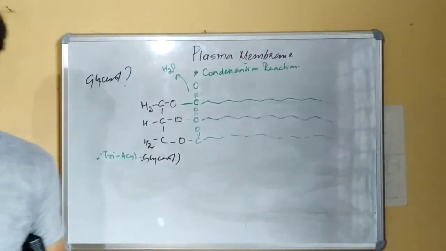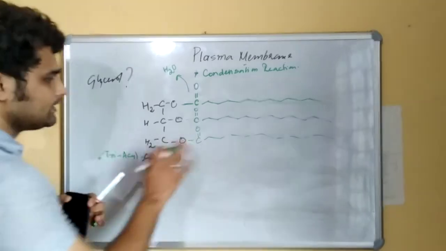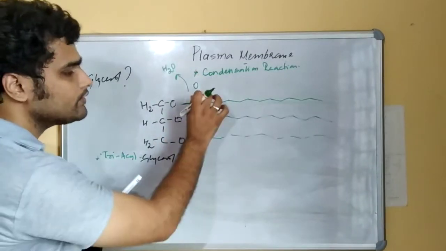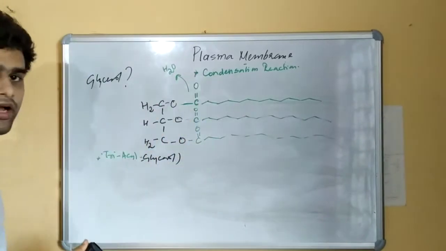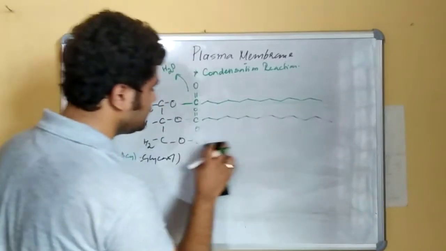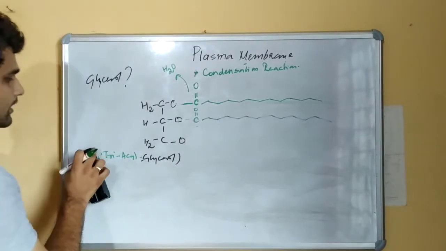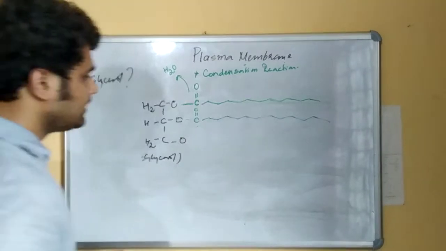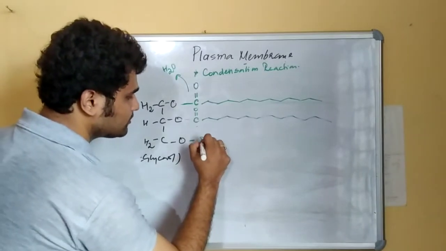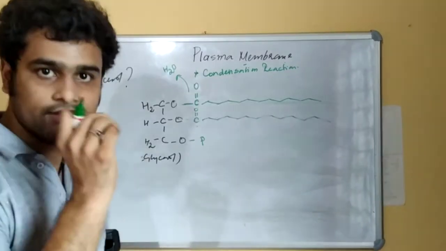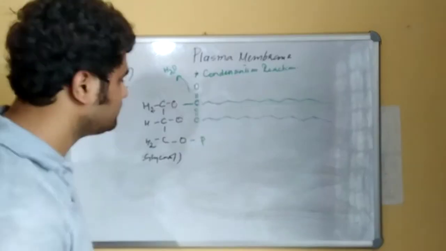Now, when it comes to phospholipids, all 3 carbons do not have fatty acids. Rather, only 2 have fatty acids, and the third has the phosphate group. Remember, I told you there is another phosphate group available also.